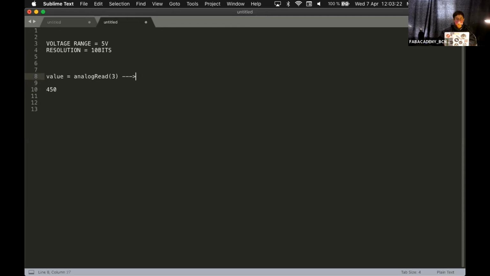What is the voltage level? Could you help with it? So analogRead is giving me 450. I have 10 bits and 5 volts. What is the voltage level that I'm getting?